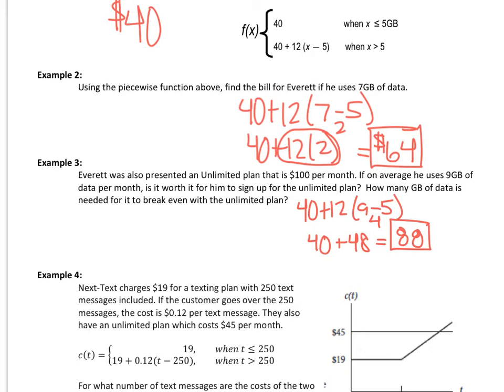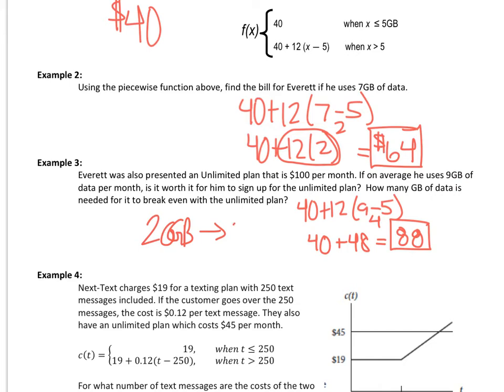Okay. We have 7. At 7 it was 64, and then he increased 2 gigabytes. So he had 7, he went up to 9, and it went from 64 to 88. So 7 to 9 is an increase of 2 gigabytes, and his price point went from 64 to 88.